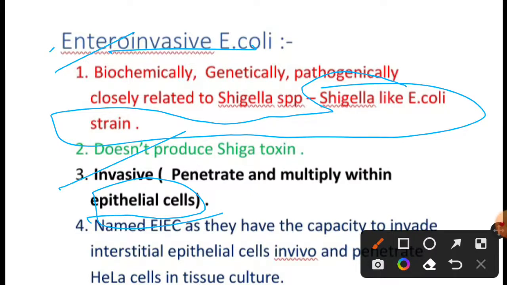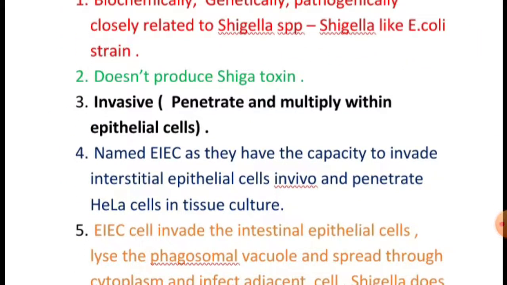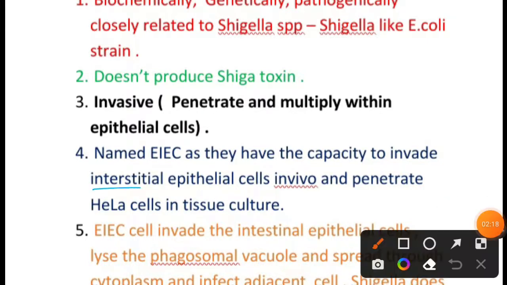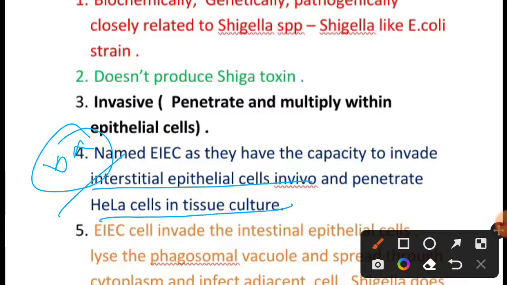They have the capacity to invade intestinal epithelial cells in vivo, and they also have the ability to penetrate HeLa cells in tissue culture. That is an important point for MCQs.